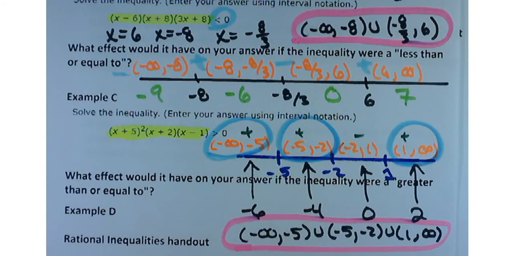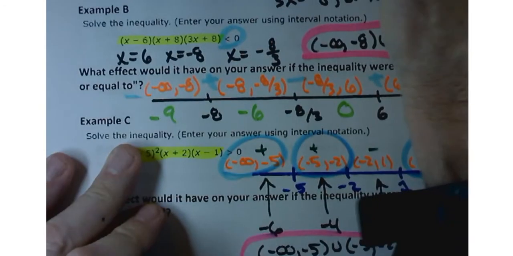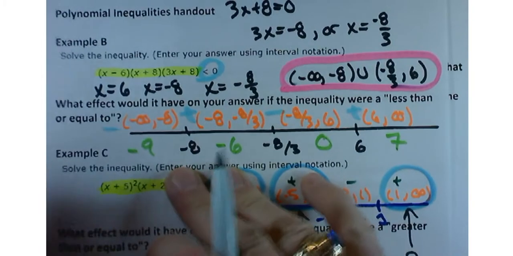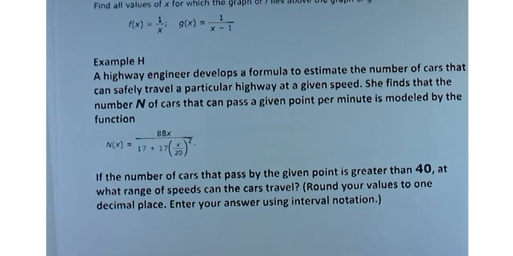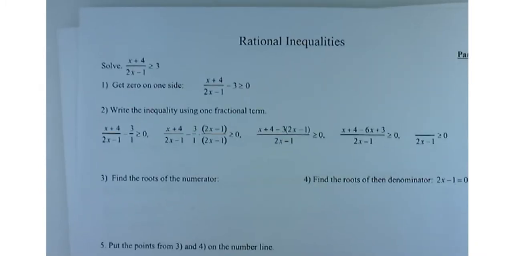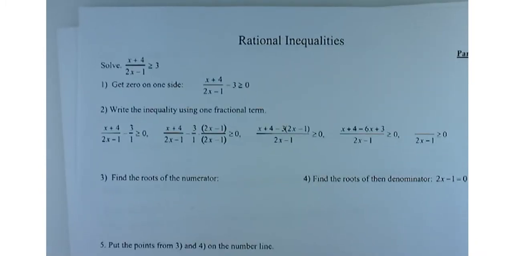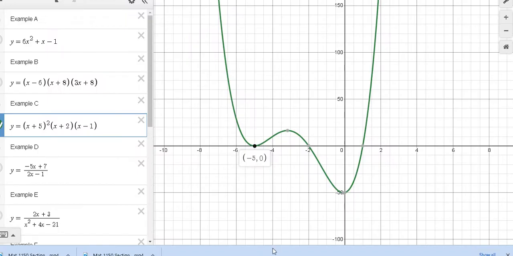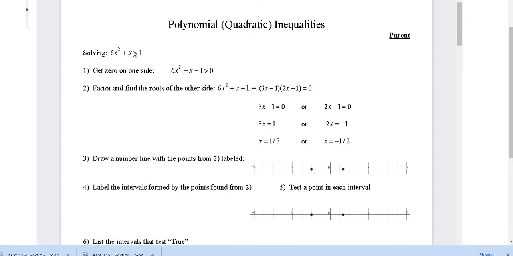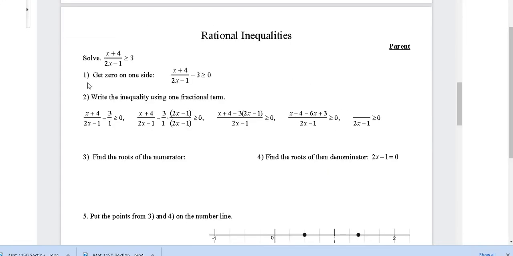Let's move on. Unless there's some other comments or thoughts on this one, let's move on to another question from our handout. And these are going to start with our rational inequalities. So let's see here. Yeah, so that's this right here.